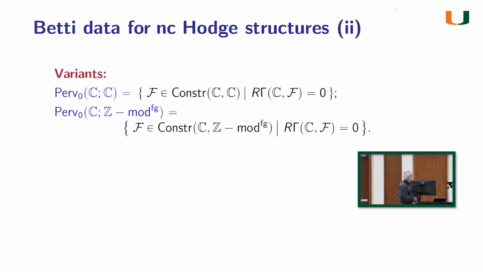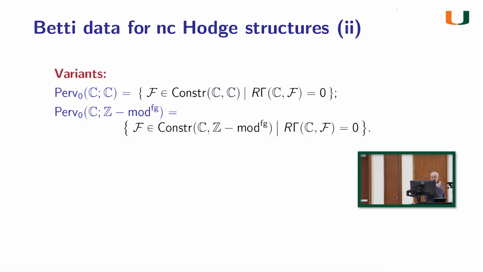And there are variants. You can take constructible sheaves with complex coefficients rather than rational coefficients. But interestingly, perverse sheaves in general don't make sense for constructible complexes of, say, finitely generated abelian groups, because Verdier duality doesn't work.